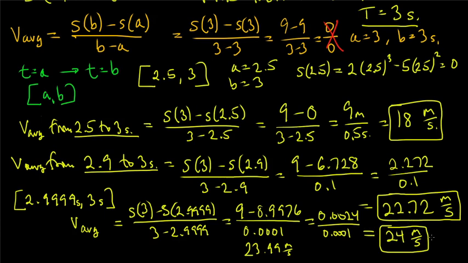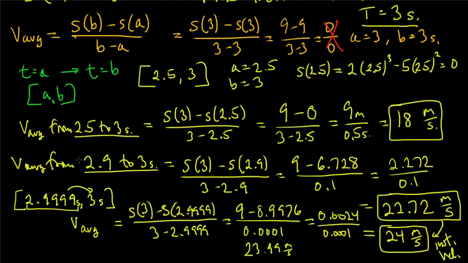Right. So yeah, by using this first value here, getting closer and closer to the 3 seconds, our average velocities are going to be much closer to the instantaneous velocity. Right? And this is the idea for a limit, right?